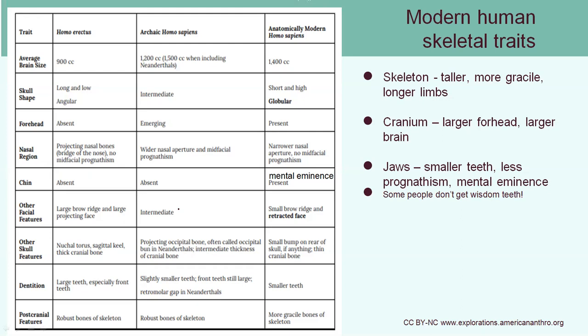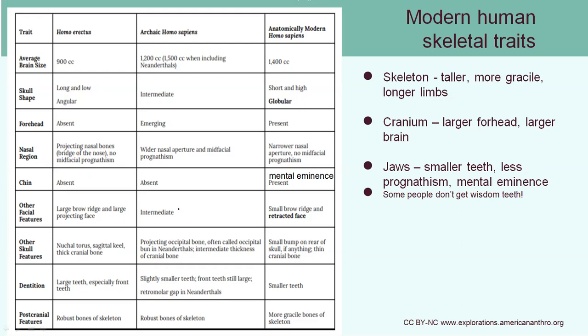Also, we have a much more gracile skeleton. So our bones are thinner and more graceful looking than those of, for example, the Neanderthals and even that of Homo erectus. When we look at the cranium, our large brain size has created a very round shaped cranium with a large forehead. And of course, the brain size is about 1,400 cubic centimeters on average for modern humans.